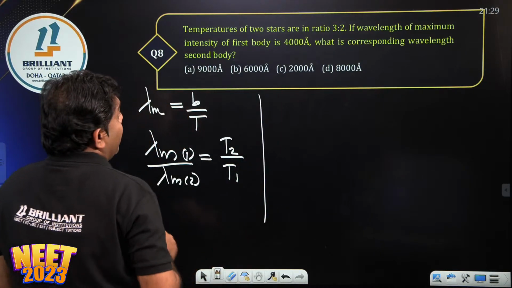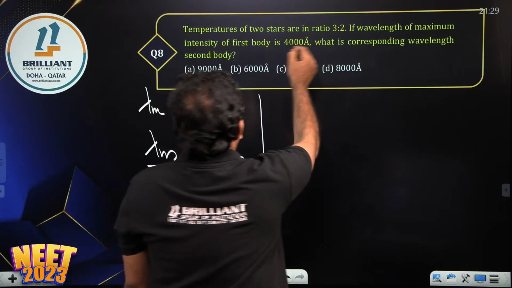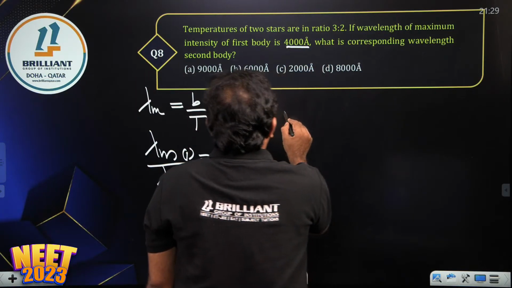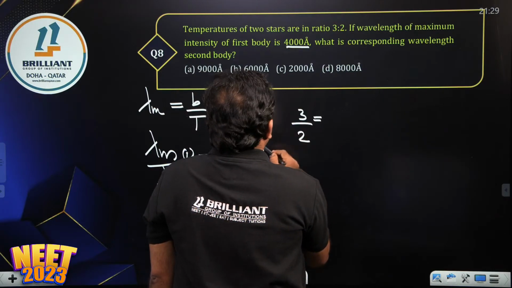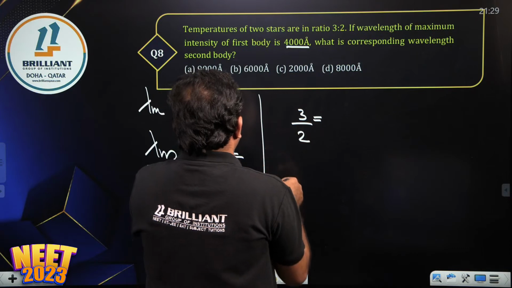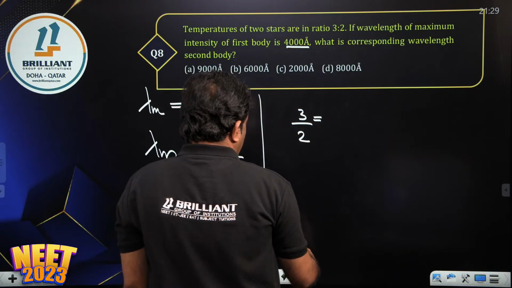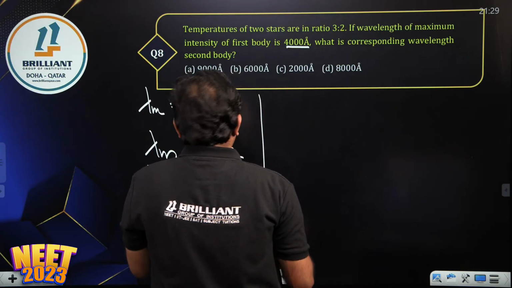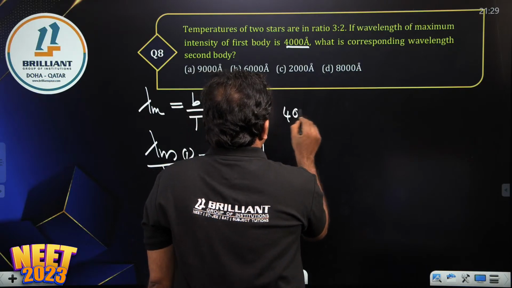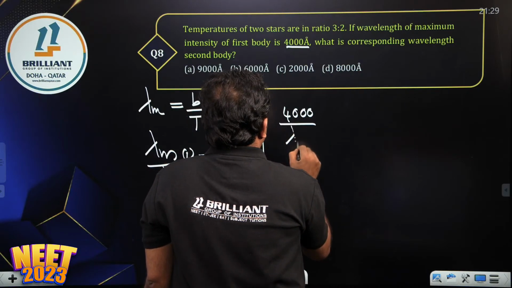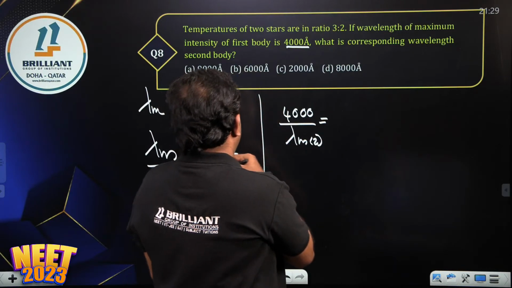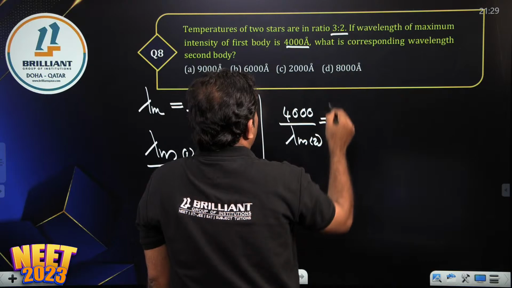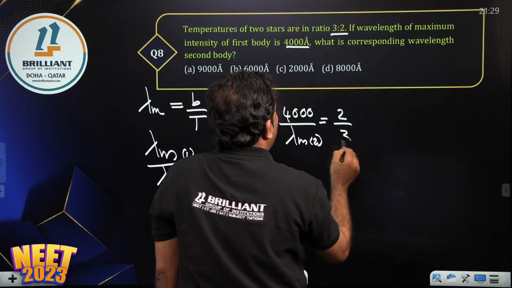First, the wavelength 4000 angstrom is given. The ratio of temperatures of the two stars is given as 3 by 2. I am repeating, please see. Lambda m1, suppose it is 4000, divided by lambda m2. T2 by T1 we need, but T1 by T2 is given. So I am taking that as 2 by 3.